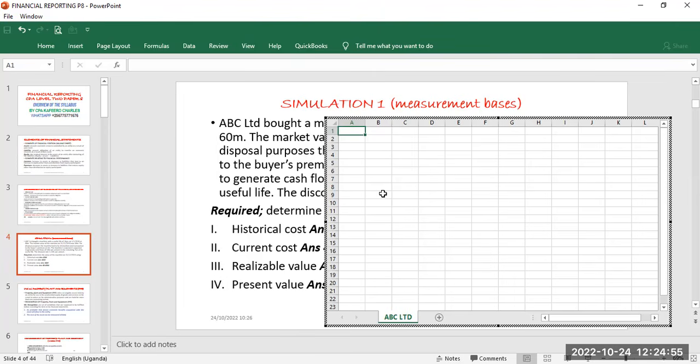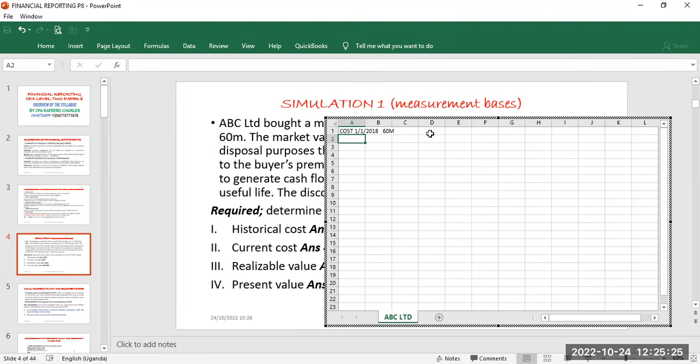As we said, the value, they said the cost as at 1st January 2018 was 60 million. But remember, this is the amount that we've actually used to get the asset.